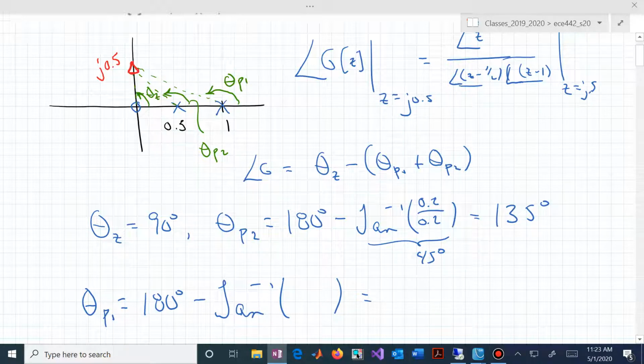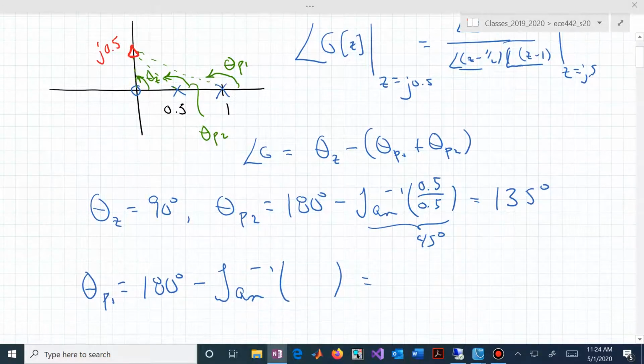But here we are going, and where did I get 0.2? Thinking about another problem. This is 0.5 over 0.5. I'm sorry about that. But I hope you see that the vertical distance is equal to the horizontal distance. For theta p1, you now have a vertical change of 0.5.